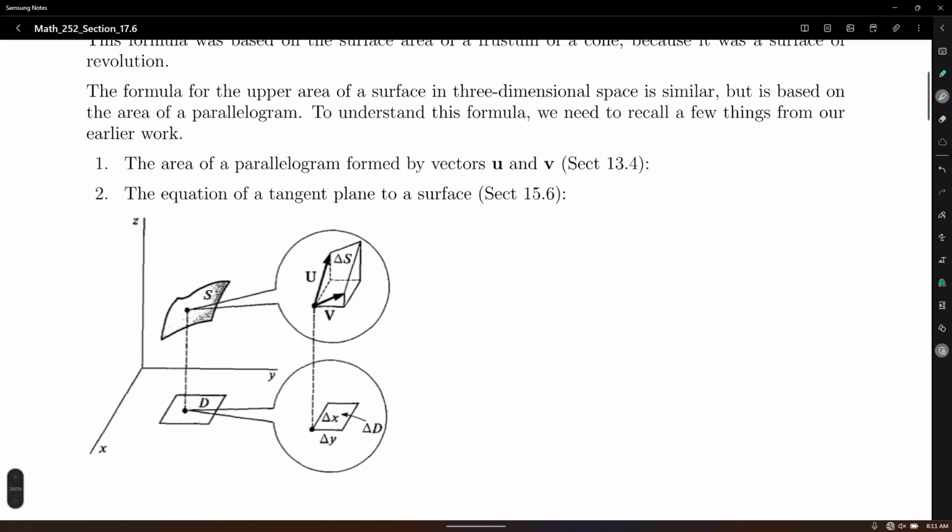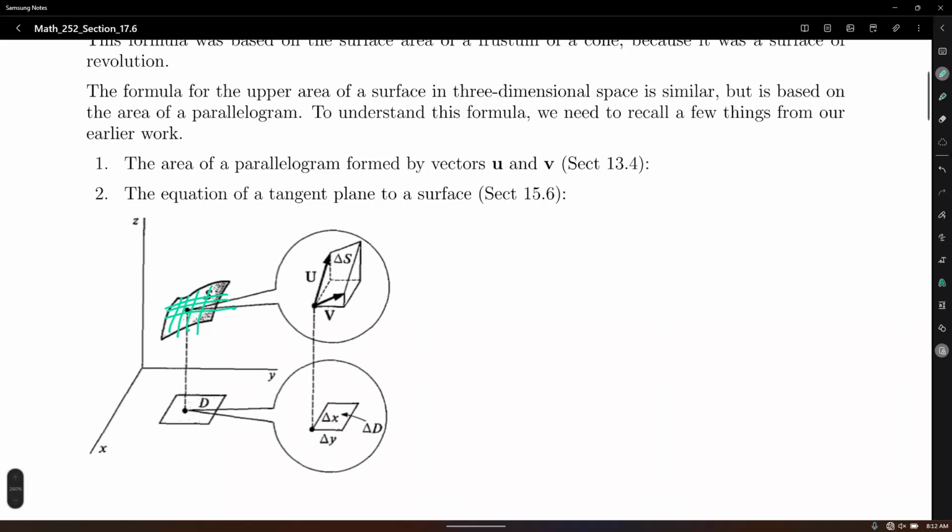But how are we going to partition this surface? We're no longer partitioning into rectangular boxes, because that's a volume. For surface area, we will partition this into, did you see all these little squares?